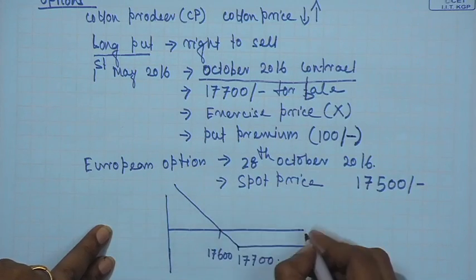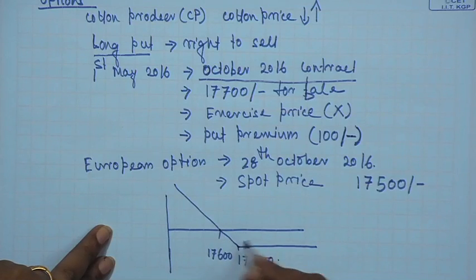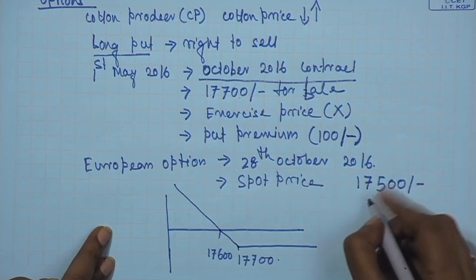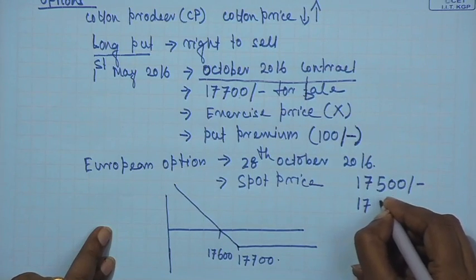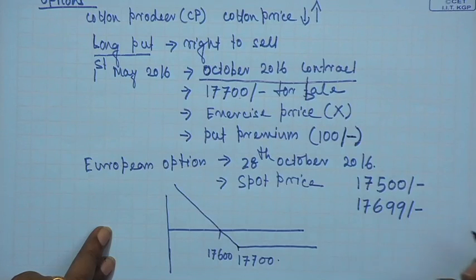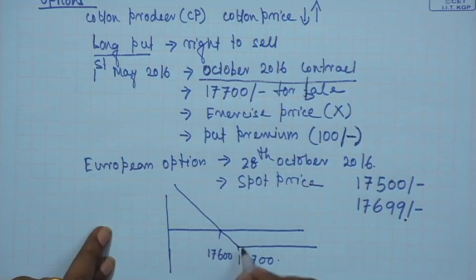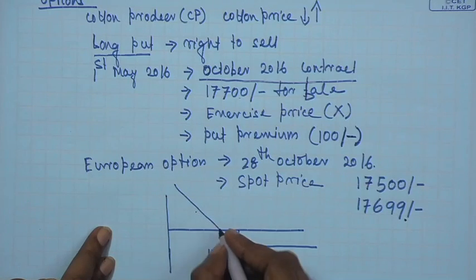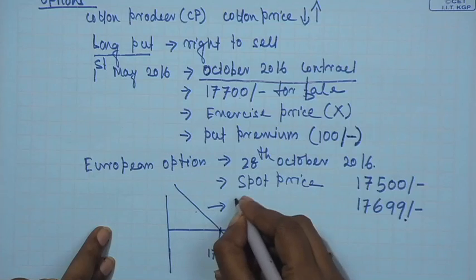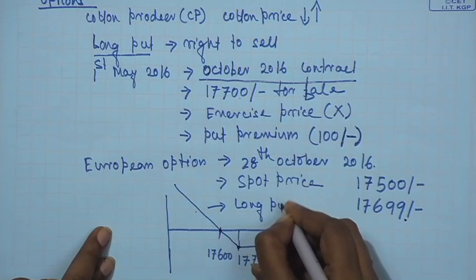Any price less than 17,700, let's say the spot price is 17,699, will he exercise? Yes, he will exercise, because in the spot market he would sell at this price, but with the option contract he will be able to sell at a price higher by 1 rupee. So at any price less than this level he will exercise, but he will start making a profit from this price onwards. This is the payoff for the long put option holder.